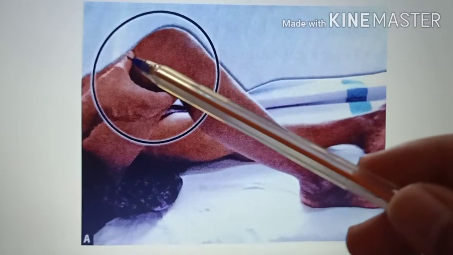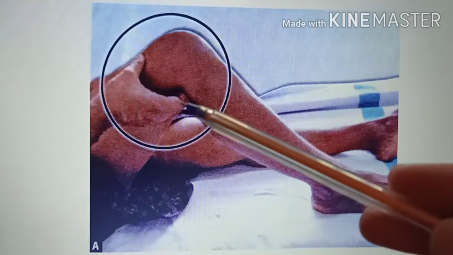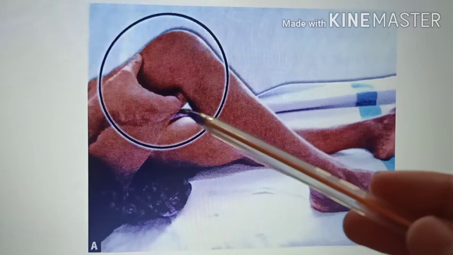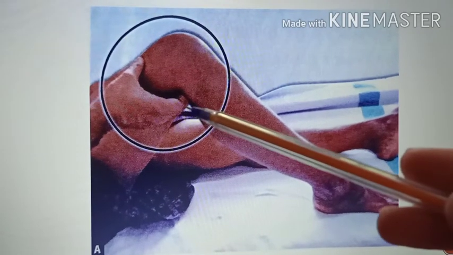With the fingertips over the popliteal fossa, you can palpate the popliteal pulse.